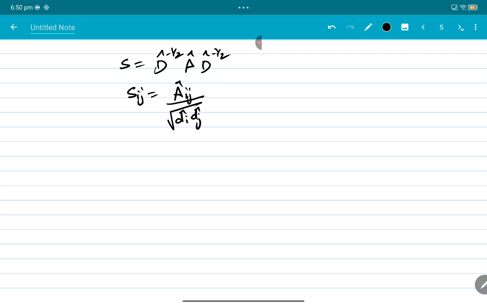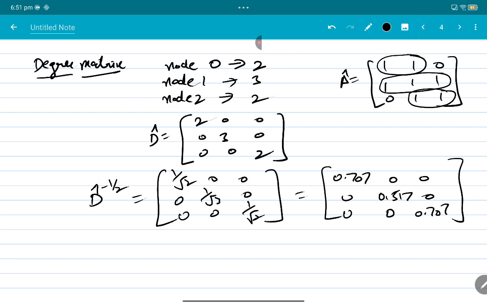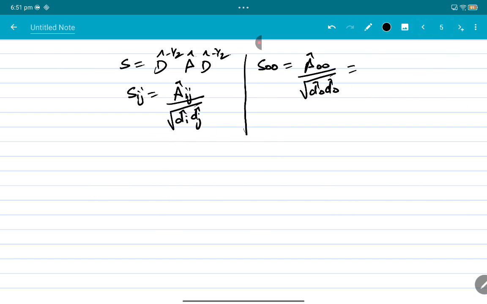So what would be our S00 term? S00 would be A hat 00 divided by root D hat 0 D hat 0. A hat 00 is 1. And D is the degree, with how many nodes it is connected. It is connected with two nodes.